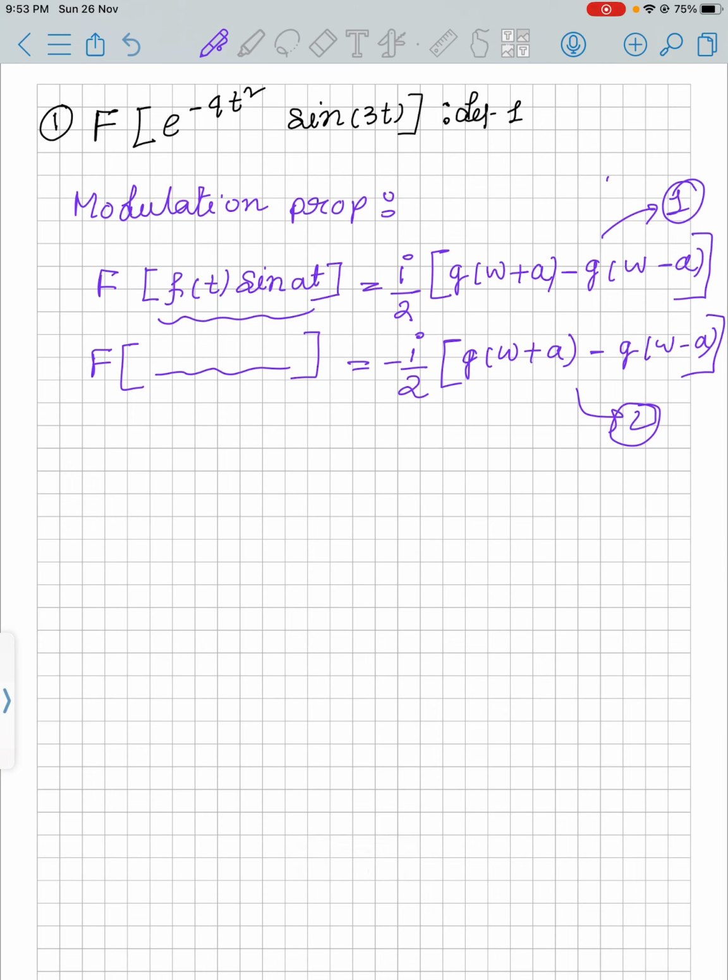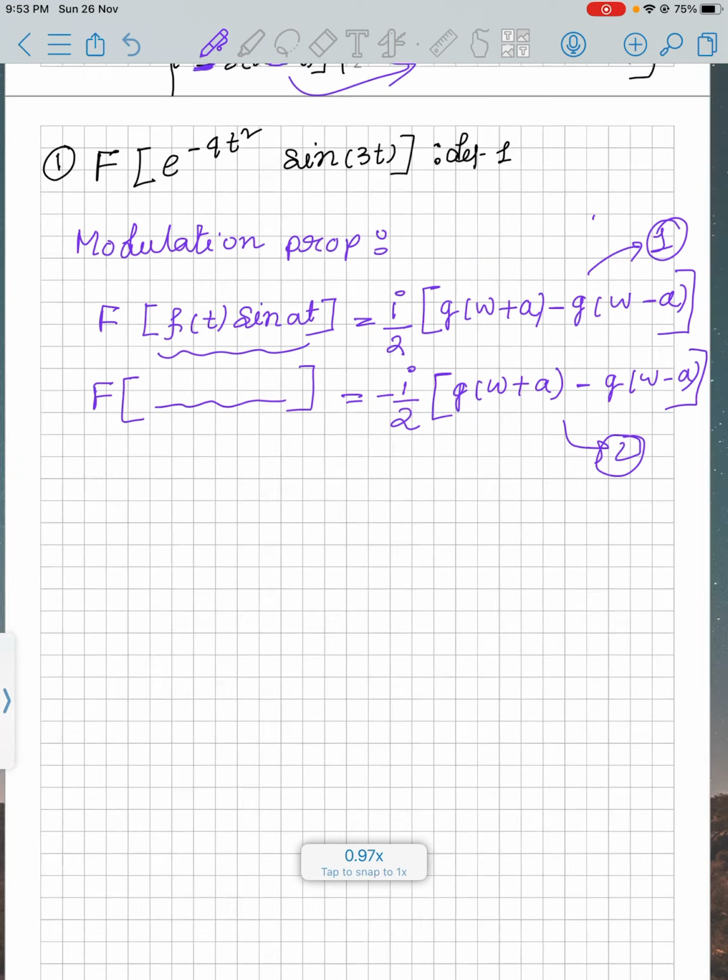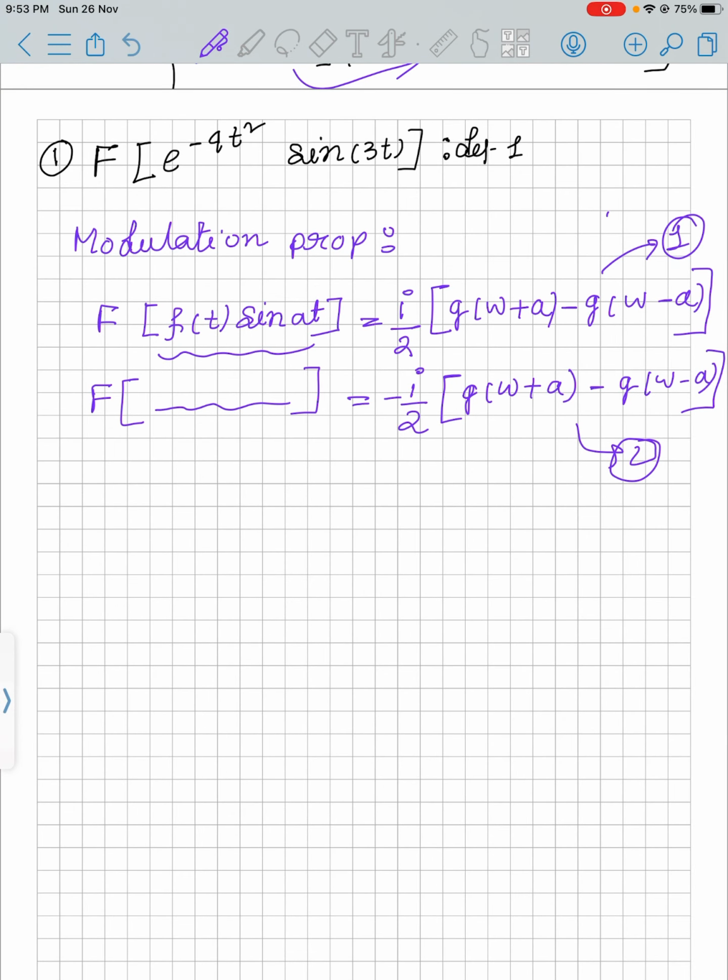So now I will solve this. First of all, you people think how to solve this. Try to make similarities between these two. You can find similarities between these two.